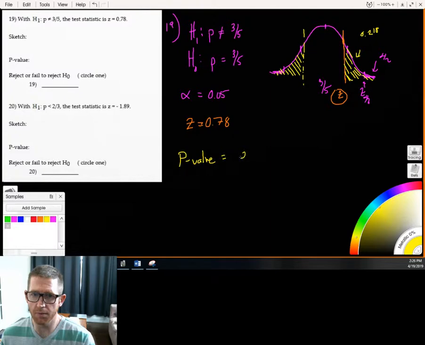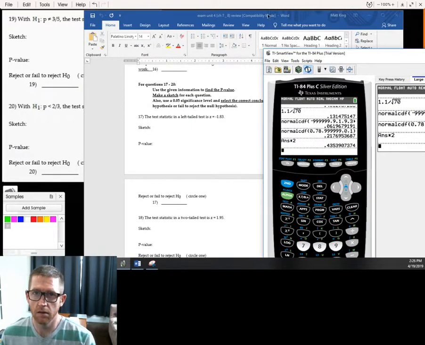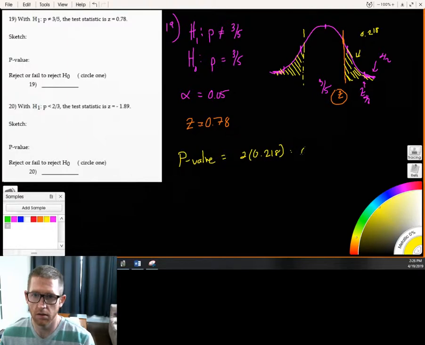So the p-value would be twice 0.218, or roughly 0.44. So this p-value is 0.44, which again, is the area of all this yellow.